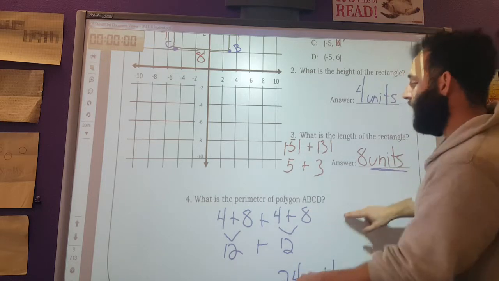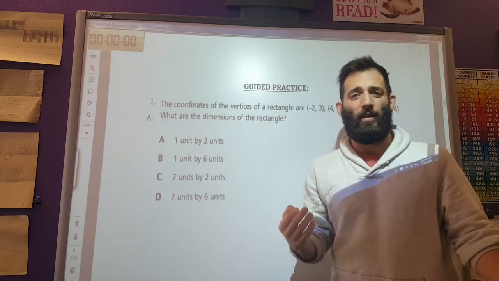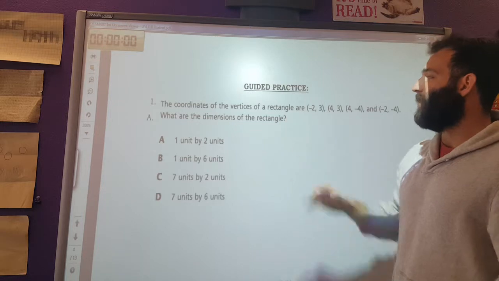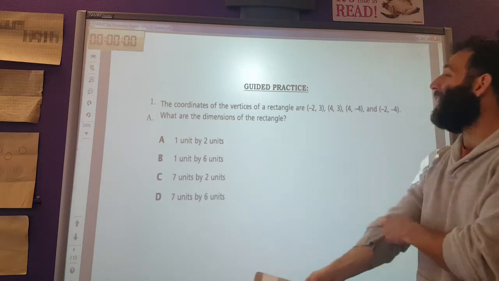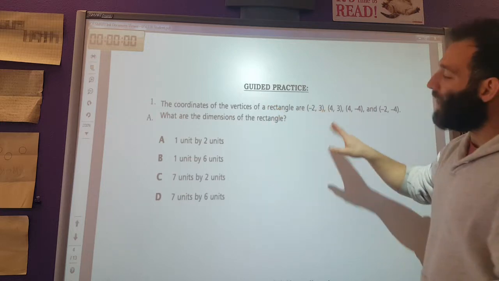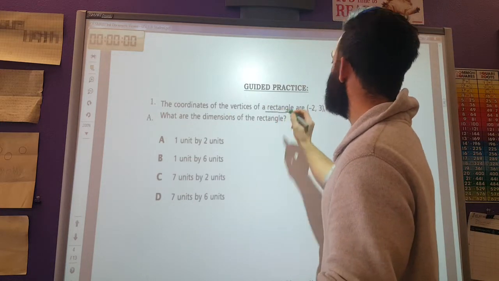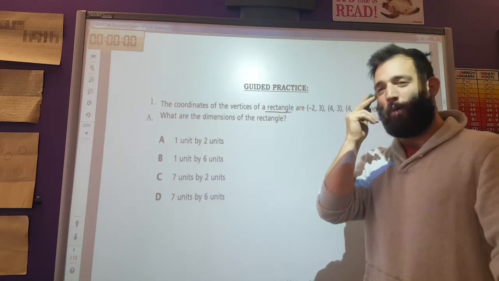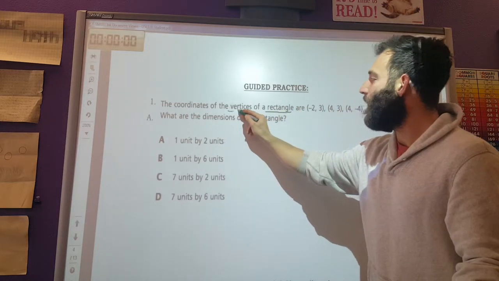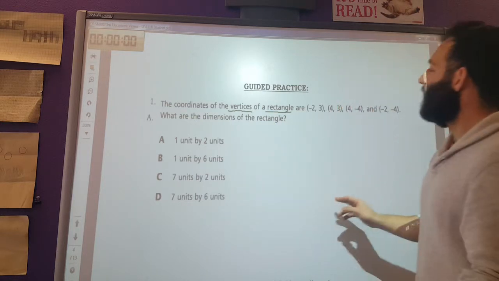And now, once again, we're not always going to have a coordinate plane to graph this on. Sometimes we're just going to have to do it in our head. And right now, we're given the coordinates of the vertices of a rectangle. Remember, I like to underline key words: rectangle, thinking about what a rectangle is, and vertices, trying to remember what a vertex is.